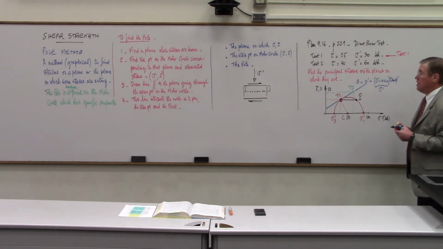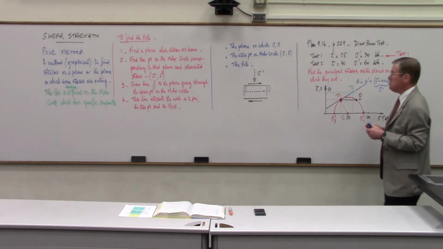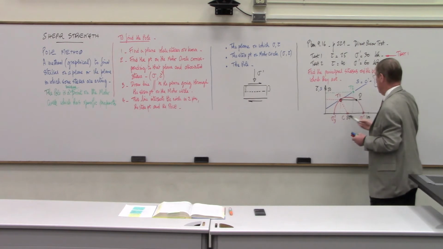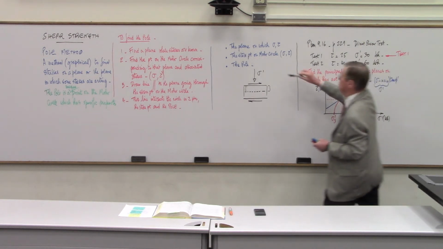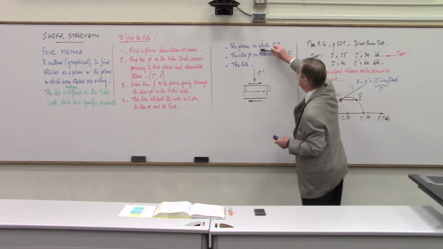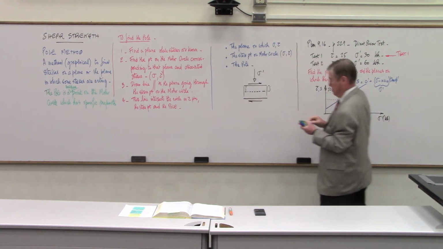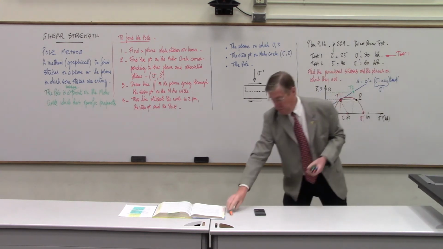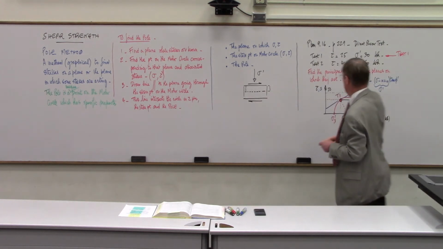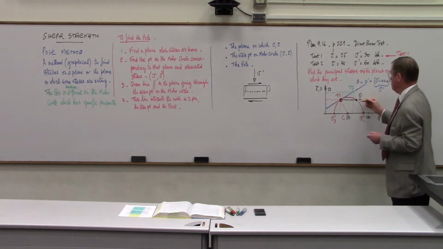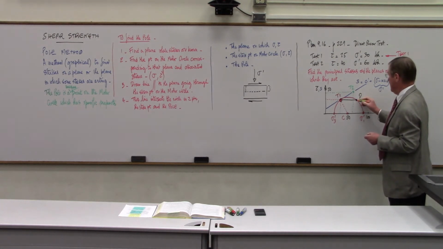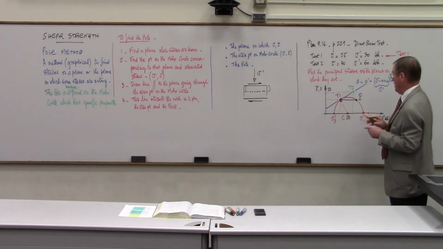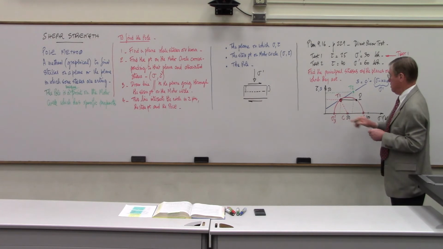Then, once we have the pole, we're back here, we know the stresses, we know the pole, so we can find the plane on which the stresses are acting. How do we do that? We know that a line that joins the pole and the stress point will be parallel to the plane on which the stresses are acting.